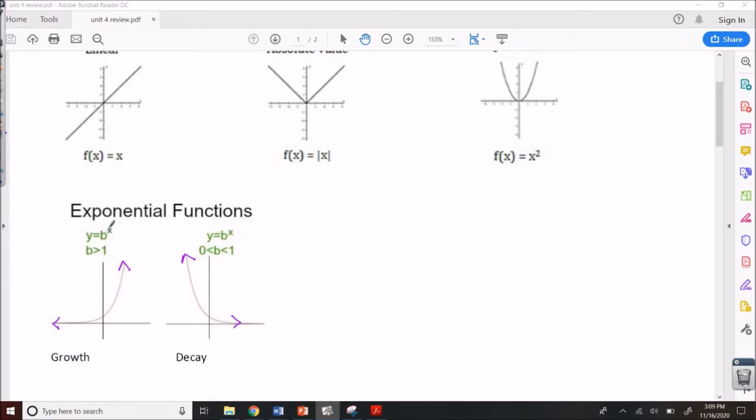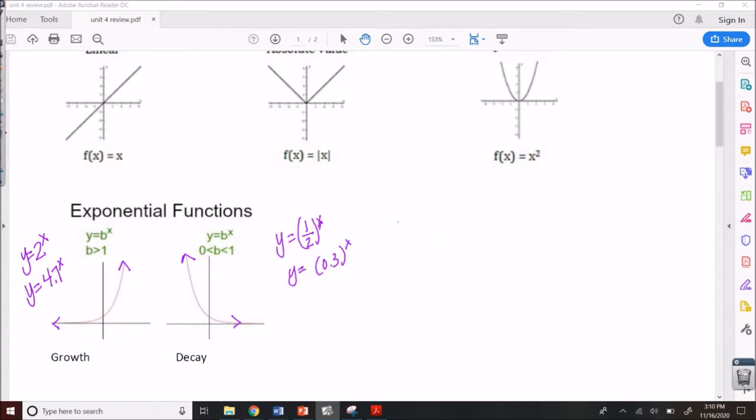If our b value is greater than 1, we're going to have growth, something like 2 to the x power or 4.7 to the x power. Something like that is growth. Decay, our b value is going to be between 0 and 1, so maybe 1/2 to the x power or 0.3 to the x power, something like that.